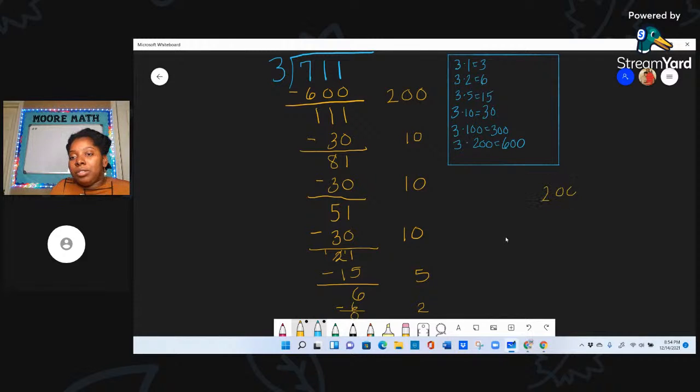We have 200, 10, 10, 10, 5, and 2. What is 5 plus 2? 7. Okay. 1 plus 1 plus 1. 3. Good. And bring down that 2. So we get 237. You see it? Yes, ma'am.